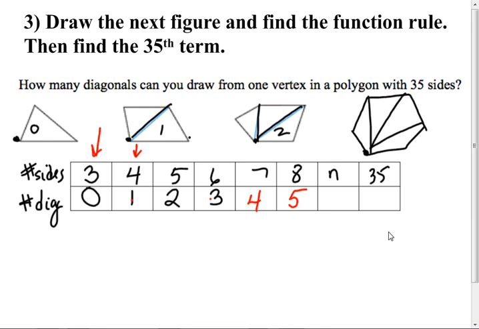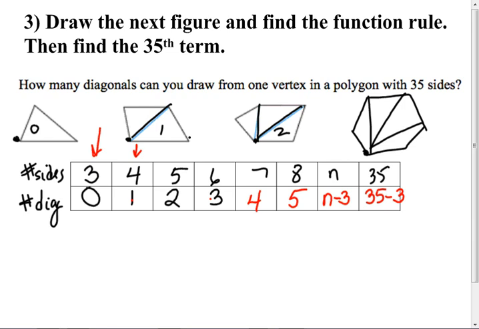What's the same relationship? 5, 2, 6, 3, 7, 4, 8, 5. Somebody said it: minus 3. So this is going to be 35 minus 3. I don't really care if you do the arithmetic, because my goal here is to get you to see the patterns. And that's all there is to that.